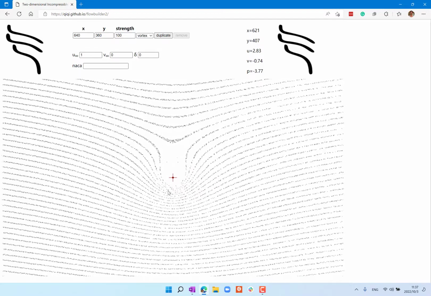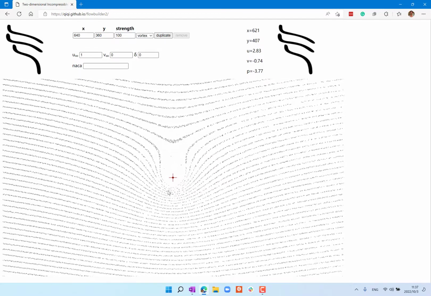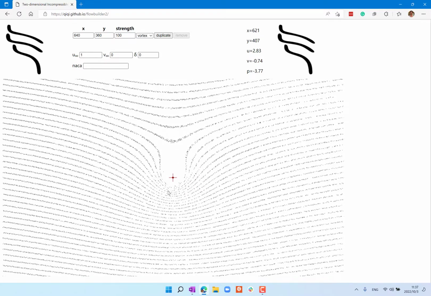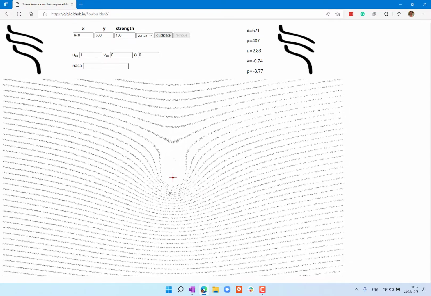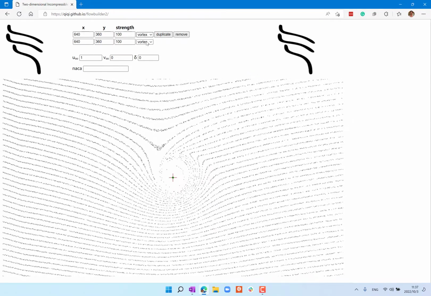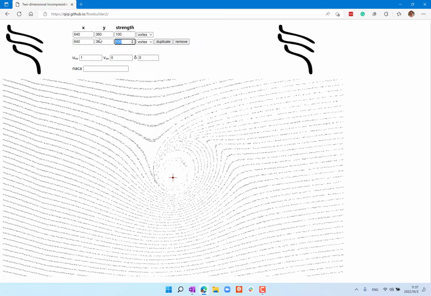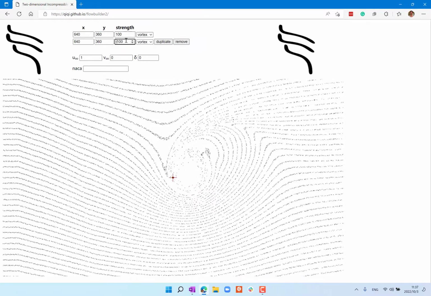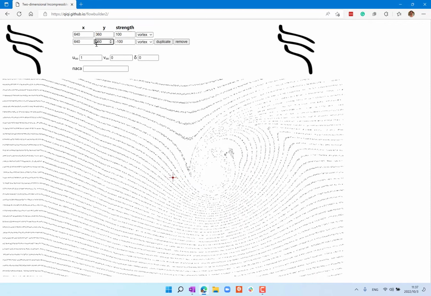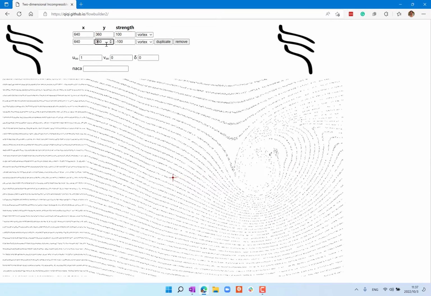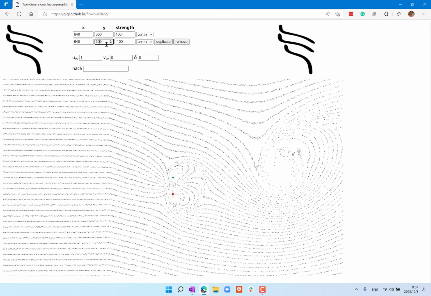All right, any questions regarding that flow field? Okay, and just to give an example, you can duplicate this. That's another vortex. You can make it minus 100 if you want. I mean, that actually cancels everything out, but you can move this thing to, let's say, 300.